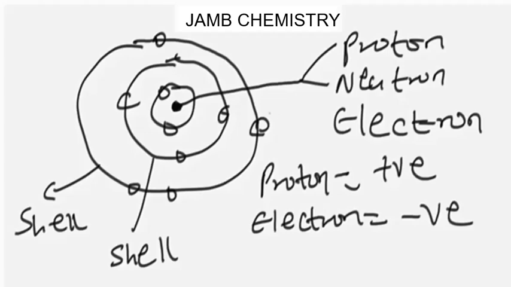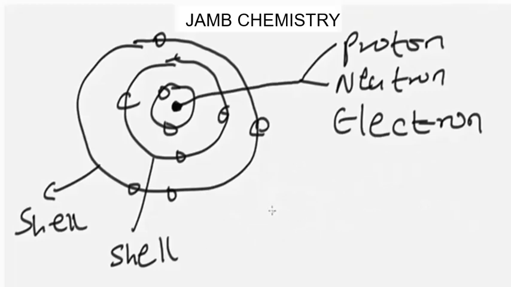Okay, now let's look at the difference between a neutral atom and a charged atom, that's an ion. Note that in a neutral atom, the number of protons equals the number of what?